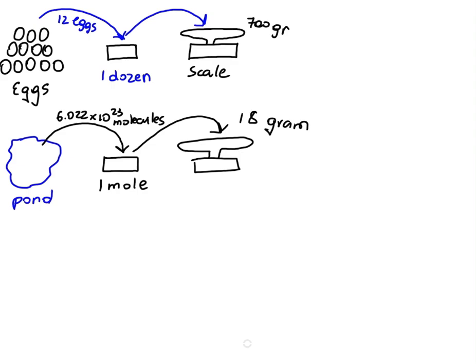Very similar to the eggs analogy. And then you can write it more easily, in a more straightforward way. So you can just say 6.022 times 10 to the 23 is equal to 1 mole.